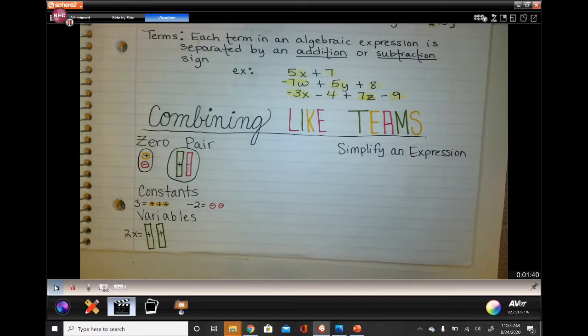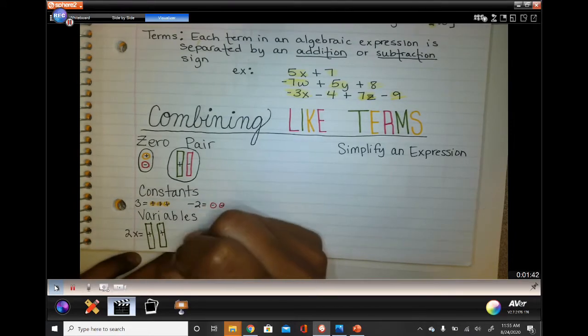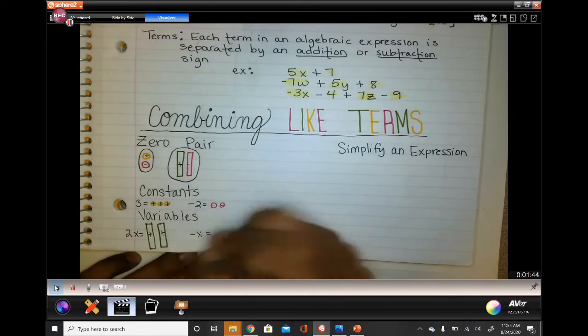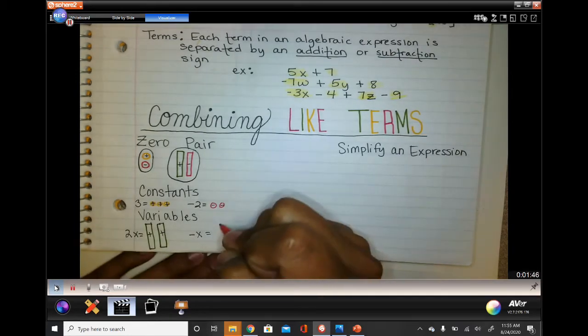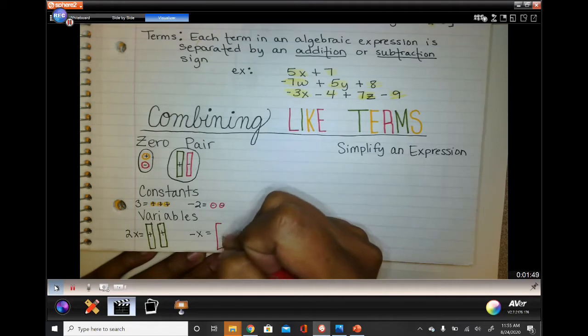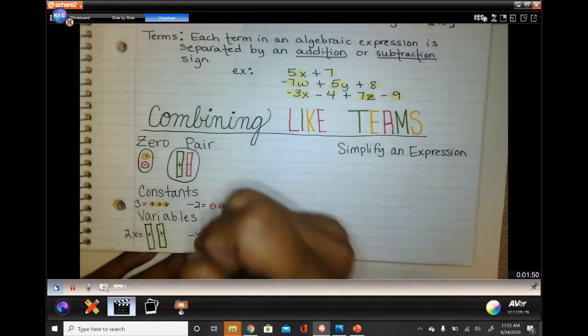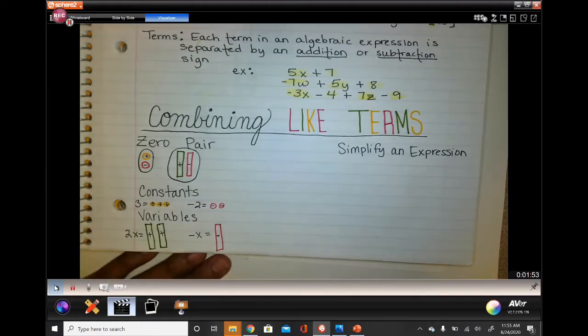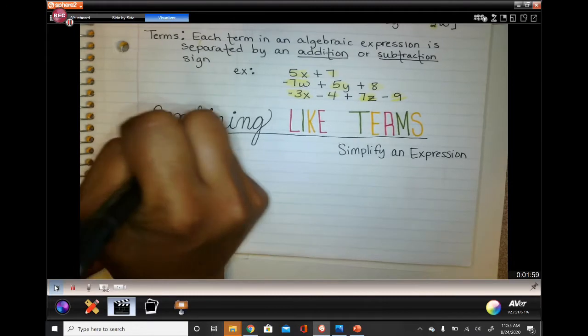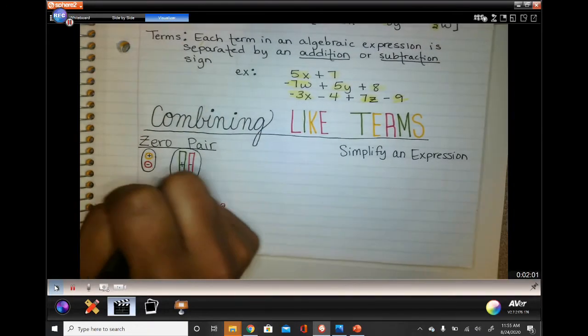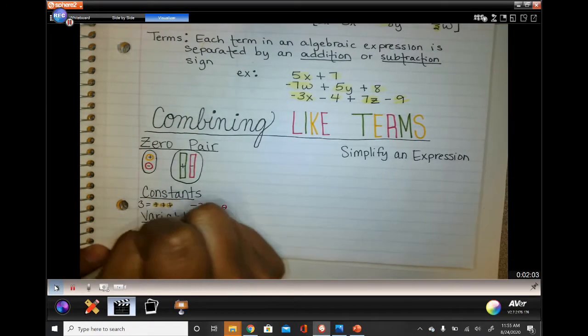If I wanted to do negative 1 variable, I would just do the same rectangle, except it would be in red, or you could just draw it in pencil and write a negative sign on the inside. So that is what a zero pair is, how to show constants, and how we model variables.